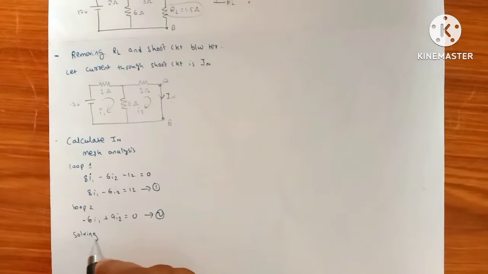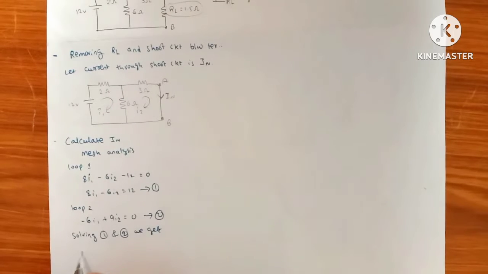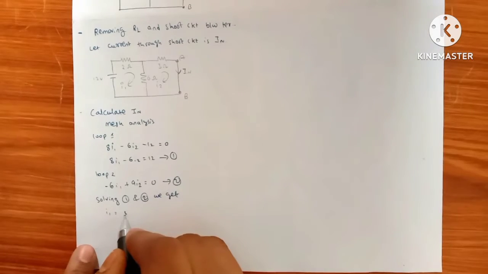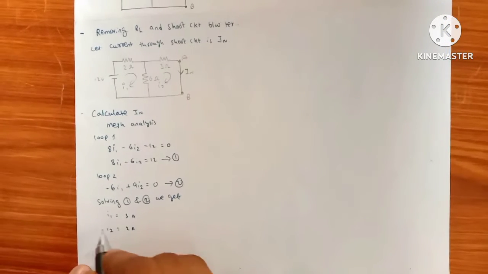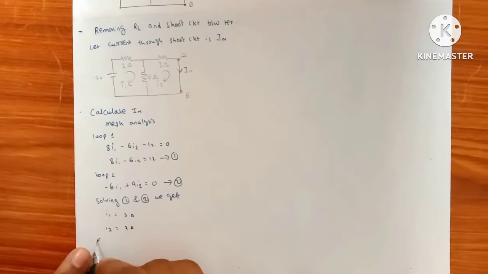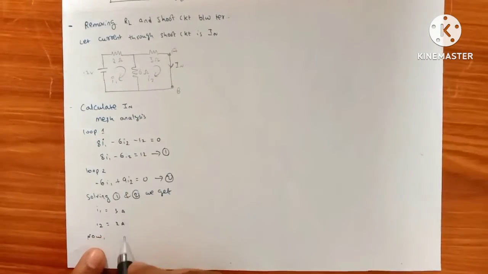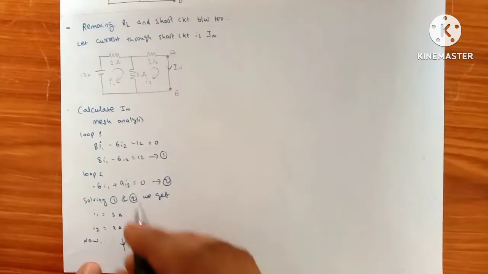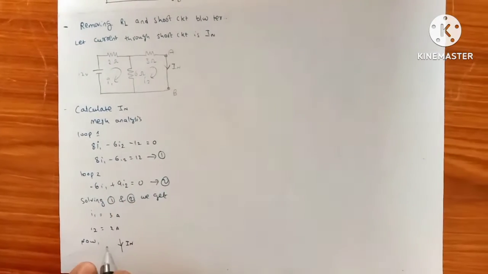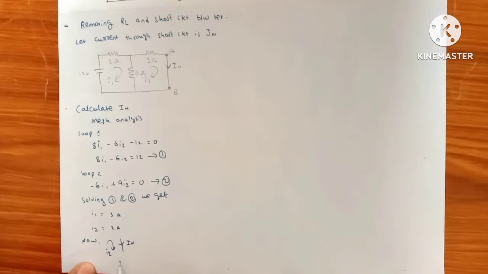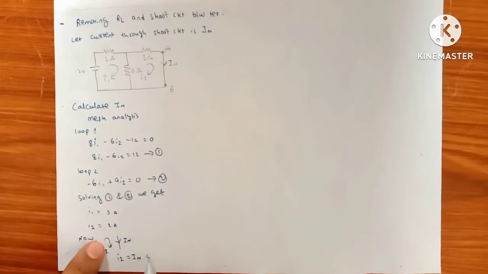Solving, we get I1 equals 3 amps and I2 equals 2 amps. Here I2 is also flowing in the direction of IN, so IN equals I2, which is 2 amps.